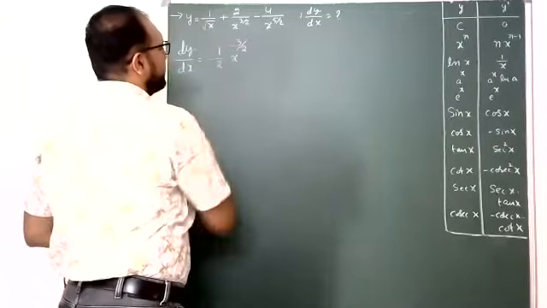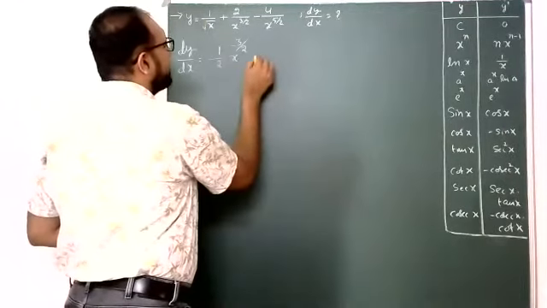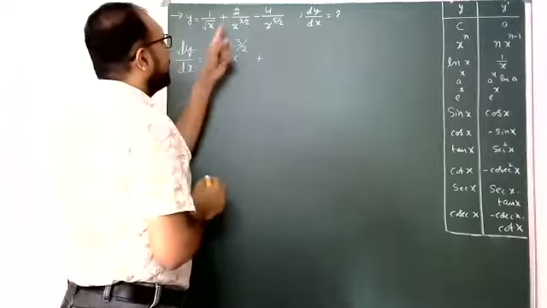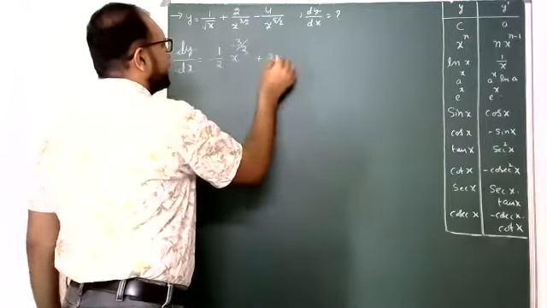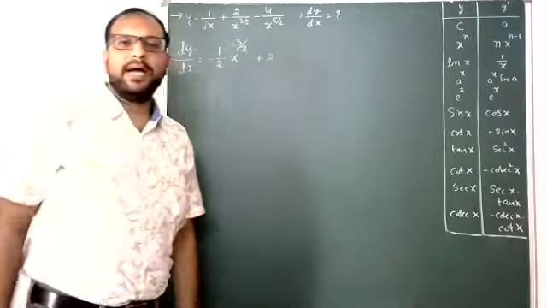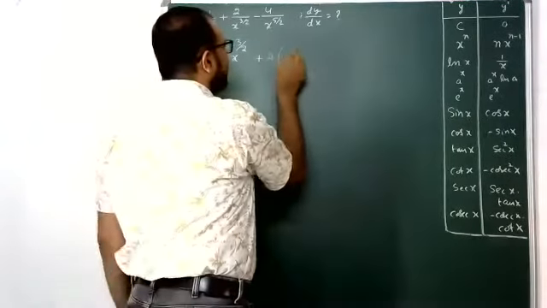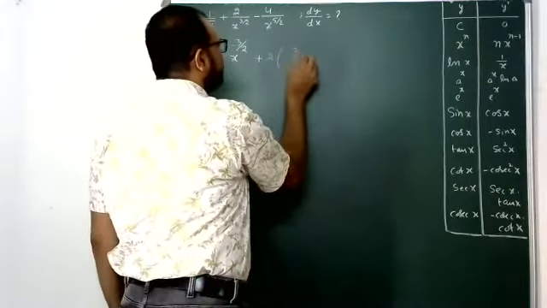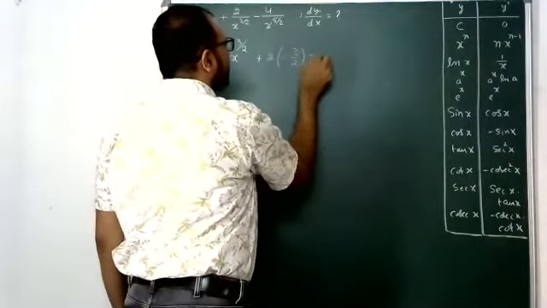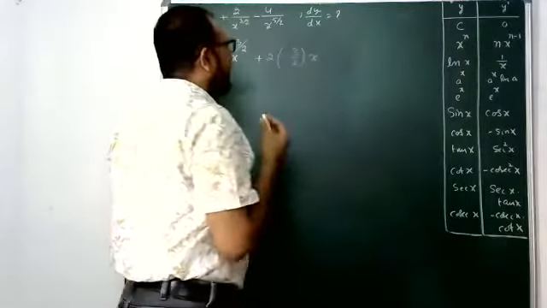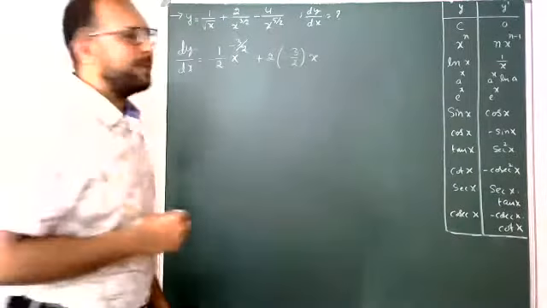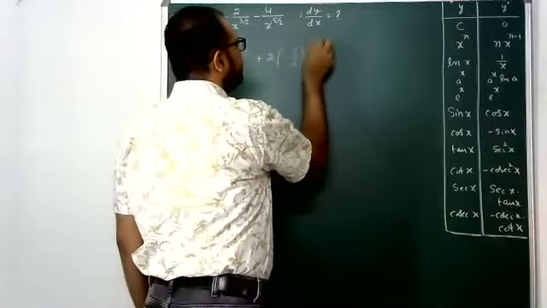First term over. Second term, plus 2, 2 is a constant, x to the power of minus 3 by 2. That is minus 3 by 2 x to the power of minus 3 by 2 minus 1, minus 5 by 2.